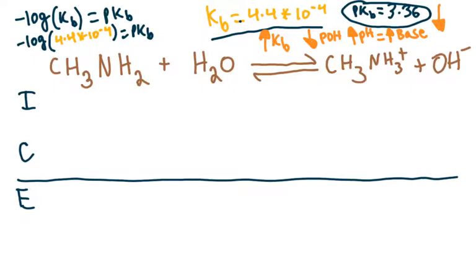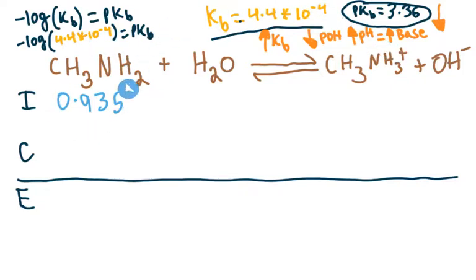In the beginning, we start off with 0.935 molar aqueous solution of methylamine. And remember, methylamine is a weak base, so it will not fully dissociate into its products. We know that some concentration will dissociate into the products, but we don't know how much.